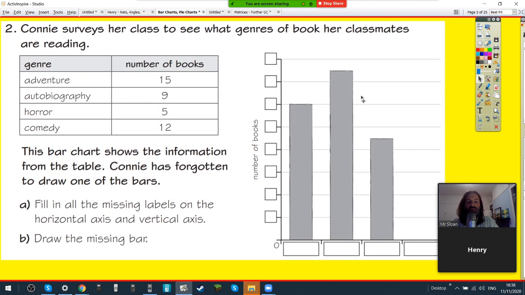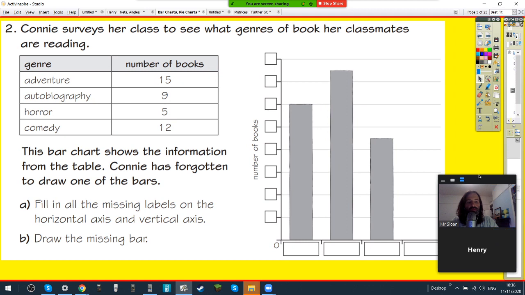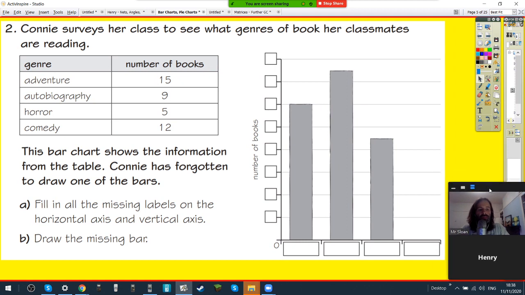Alright, how about this? Connie's writer class 2 dinners of her book her classmates are reading.